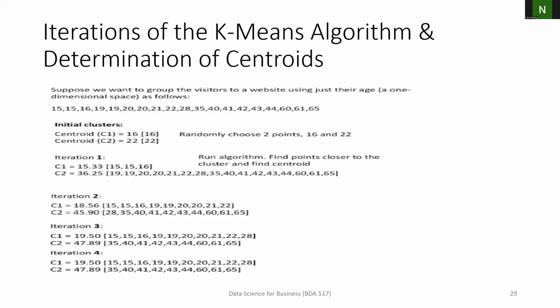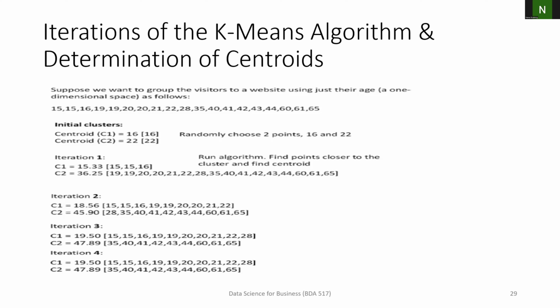The centroid for the second cluster is 36.25, made up of ages from 19 to 65. So it will iterate again, since some ages are nearer 15 to 16 than the 65. And now you see that ages 19 up to 22 have been added to the first cluster in the second iteration.